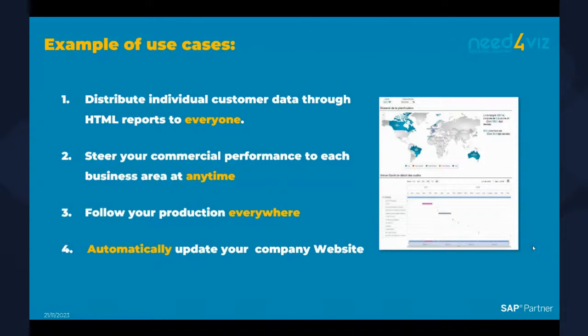Some of our clients are following their production everywhere, and this is a use case that we are going to demonstrate. And we have others that are using the HTML export to automatically update their company website. It means that they are able to export their Webi content to their corporate website.